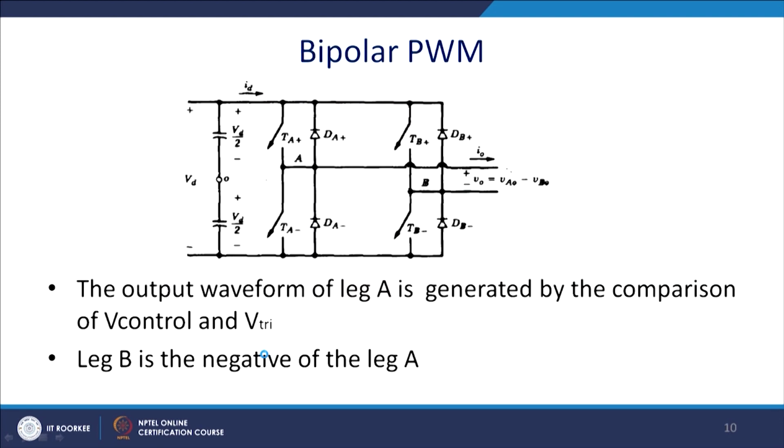Now, let us go back to the same circuit and discuss bipolar PWM, which is the simplest PWM. The output voltage of leg A is generally a comparison between V control and V tri, and leg B is the negative of leg A. This is the bridge configuration.